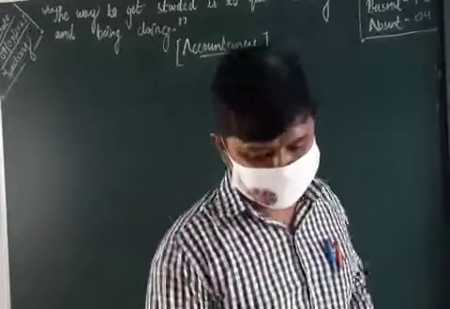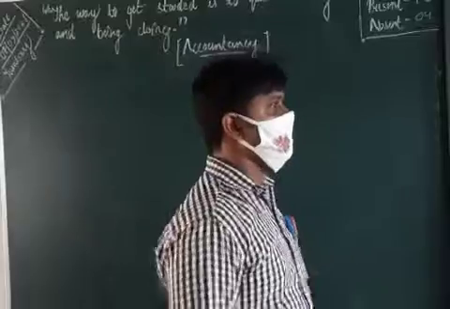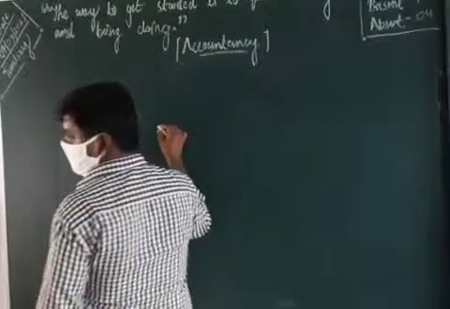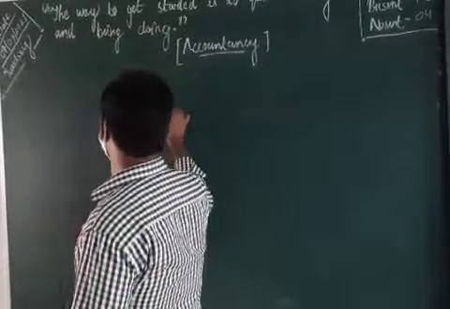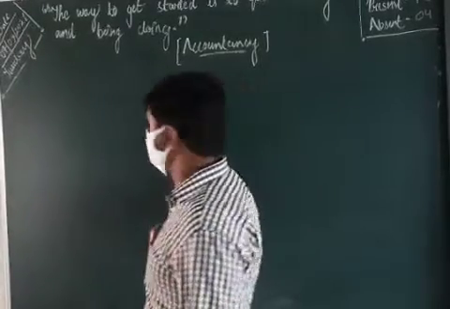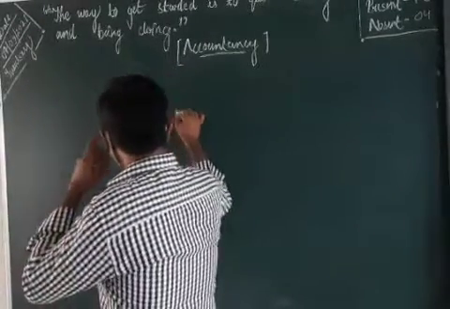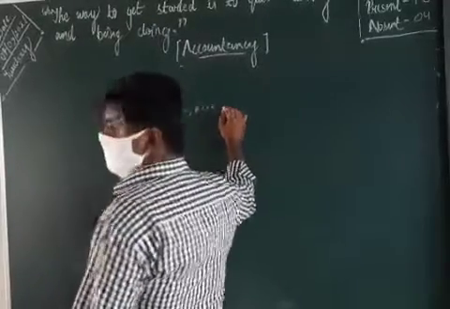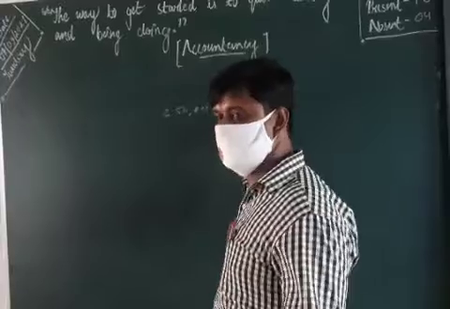For example, as in the previous example, the asset value is 2,50,000, and here we are not taking the net residual value. Its depreciation, just imagine, is 20,000.